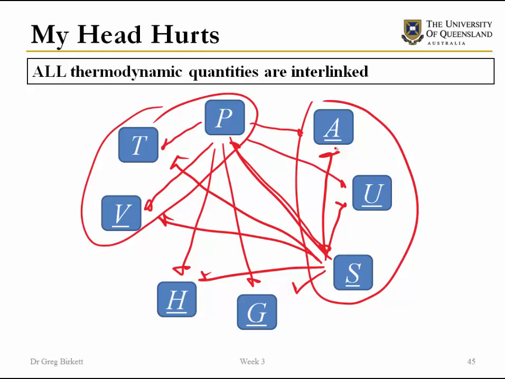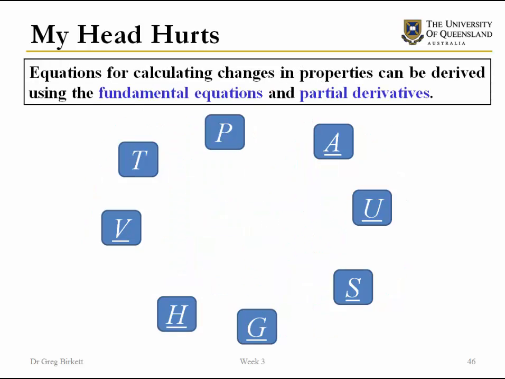I'm not going to ask you to be linking extra stuff. It's just to know where these things come from, and that the equations that we use calculate the change in different properties. If we're interested in the change in U, the change in S, the change in enthalpy, and later on the change of Gibbs free energy, we can derive these by using our fundamental equations and using partial derivatives.